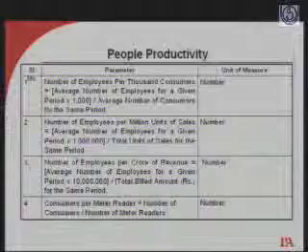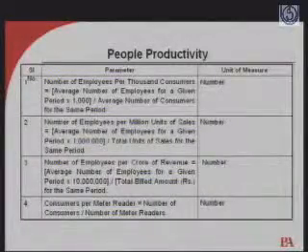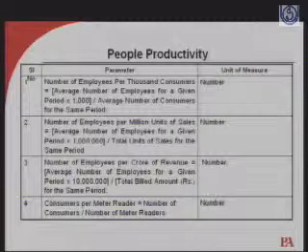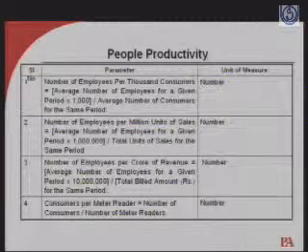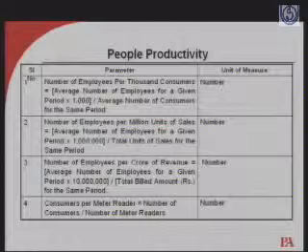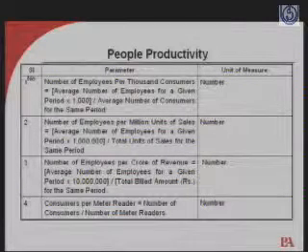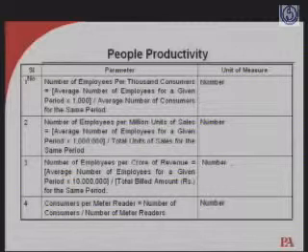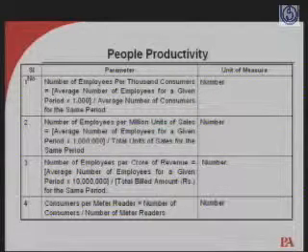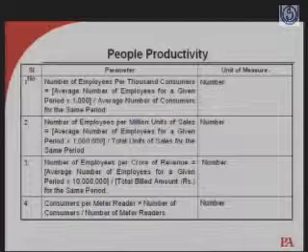So we can always define some parameters like these: number of employees per 1,000 consumers, number of employees per million units of sale, number of employees per crore of revenue, number of employees per circuit kilometer, number of employees per kilowatt of connected load.